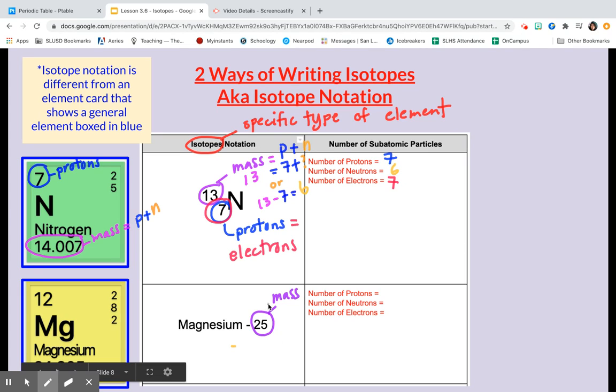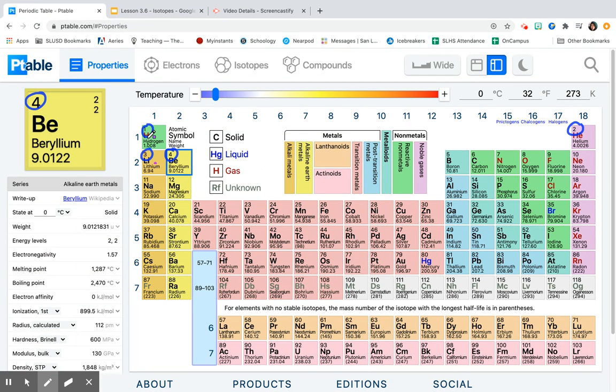If I were to work backwards, it's kind of trickier if I give you this one because, well, how do I know how many protons I have? If it's written in this way, you have to use your periodic table, right? So I'm going to have to search for magnesium, the full name.